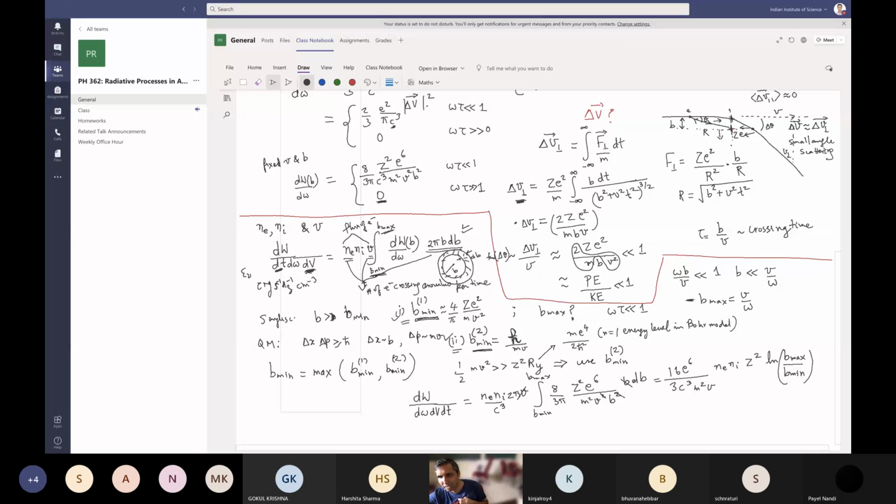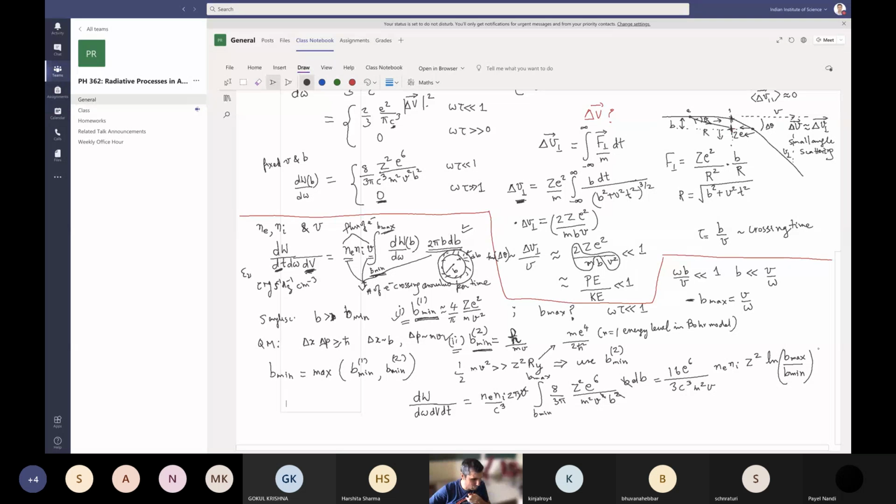For example, even if b max is off by a factor of 100, log of 100 is a small number. Log of anything is actually not that big. So the good thing is you have a very weak dependence on both b max and b min, so even if you make a little bit of an error, you're not off by too much.